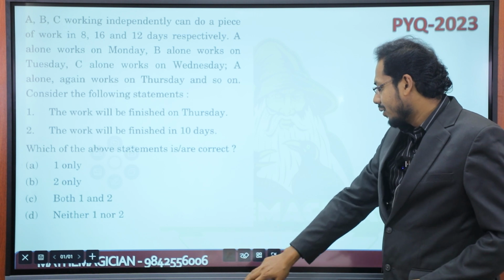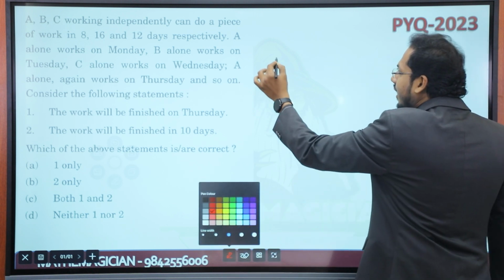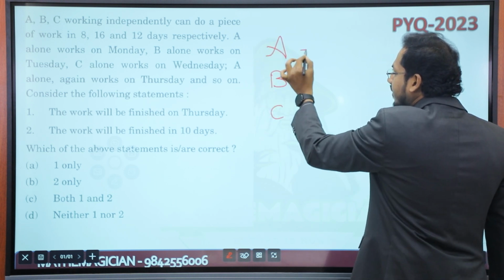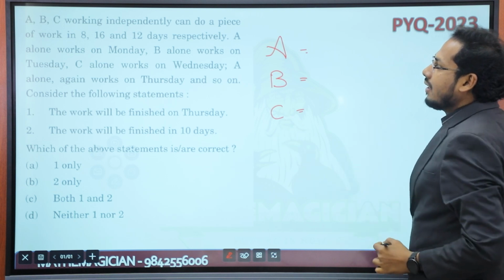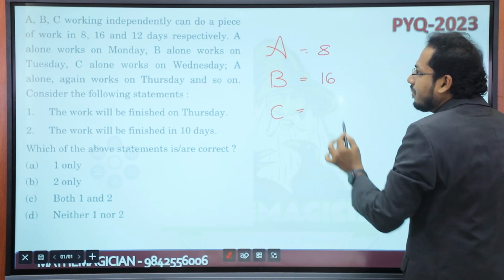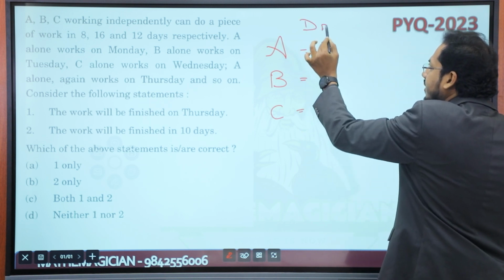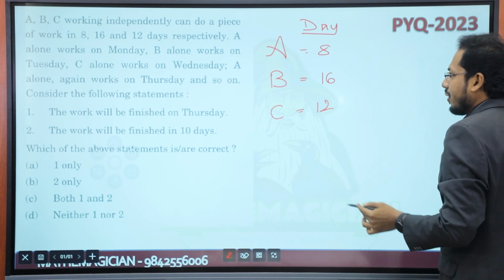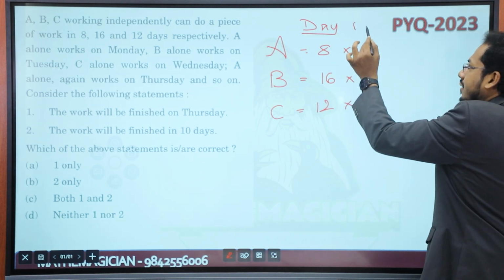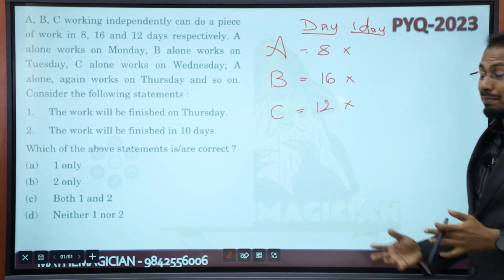First they are talking about A, B and C. A completes the job in 8 days, B in 16 days and C in 12 days. All these are days, right? I need to find out the 1 day work, that is the efficiency or capacity.